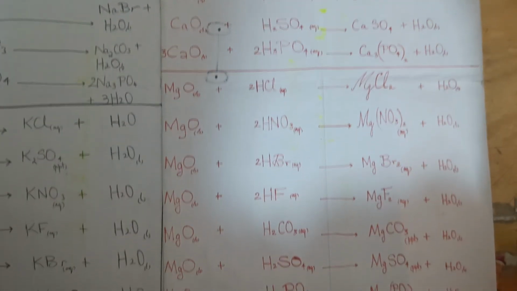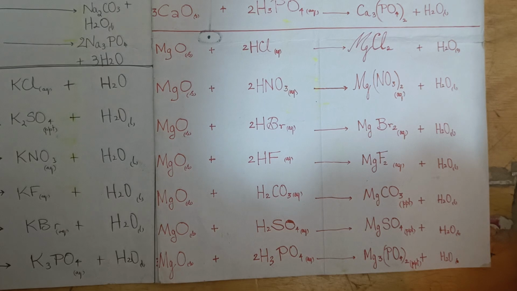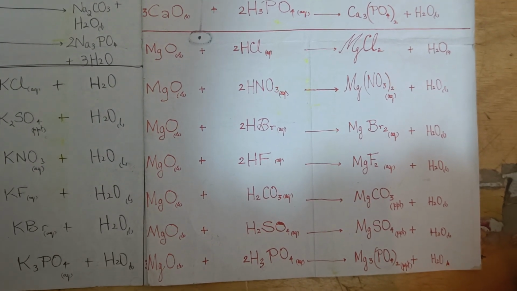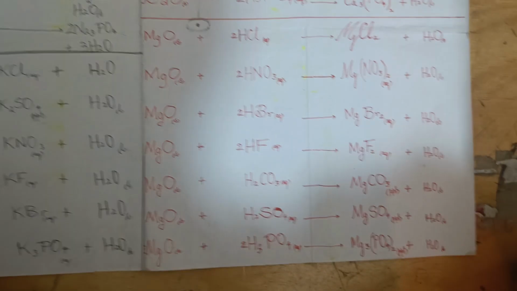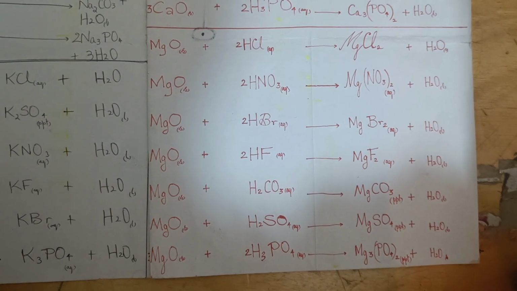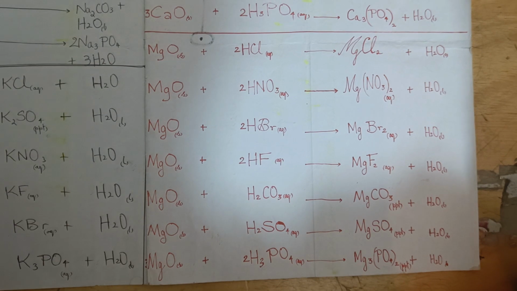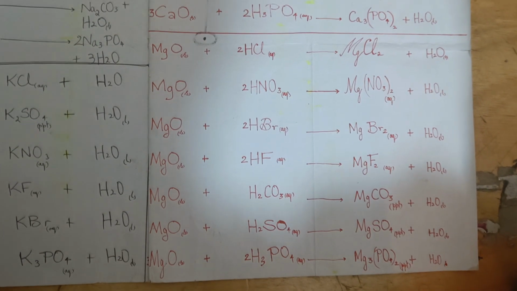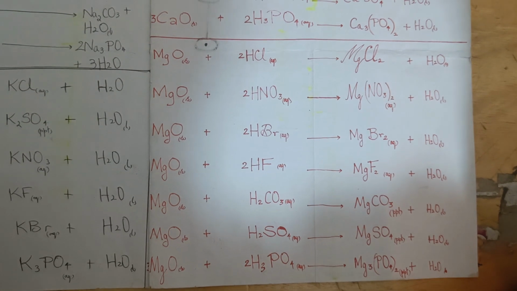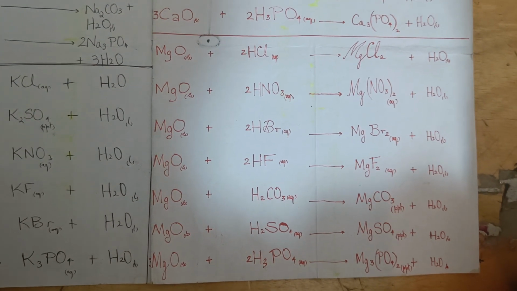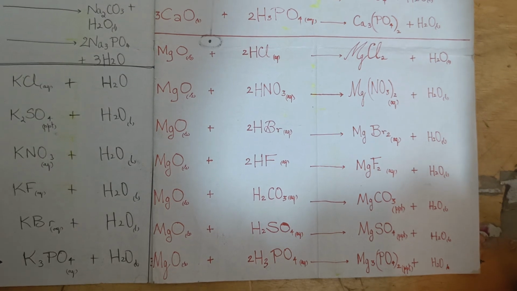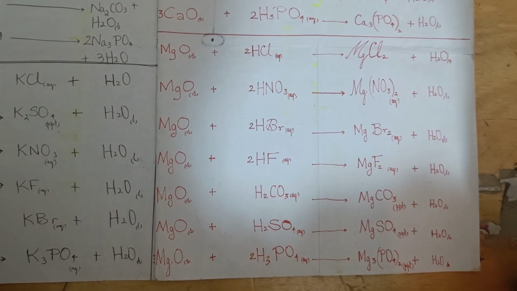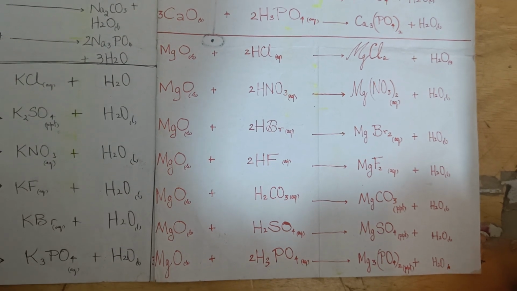Then you have magnesium oxide. This is what it does: magnesium chloride, magnesium nitrate, magnesium bromide, magnesium fluoride, magnesium carbonate, magnesium sulfate, magnesium phosphate. The last three would be precipitates, optically visible when subjected to turbidimetric analysis, the A equals epsilon cl law.